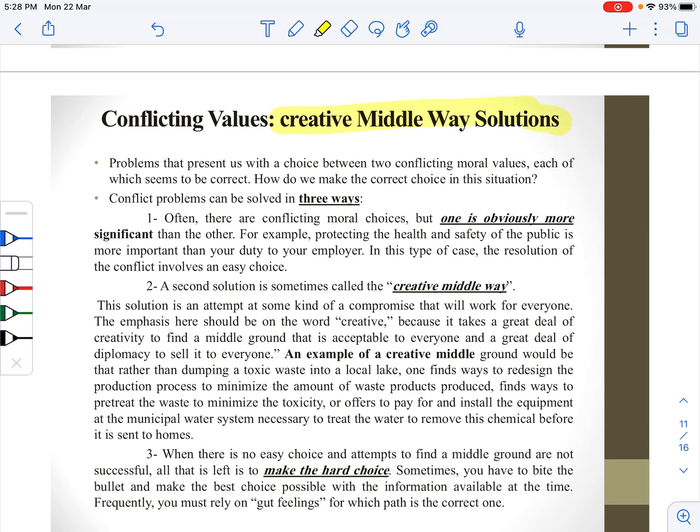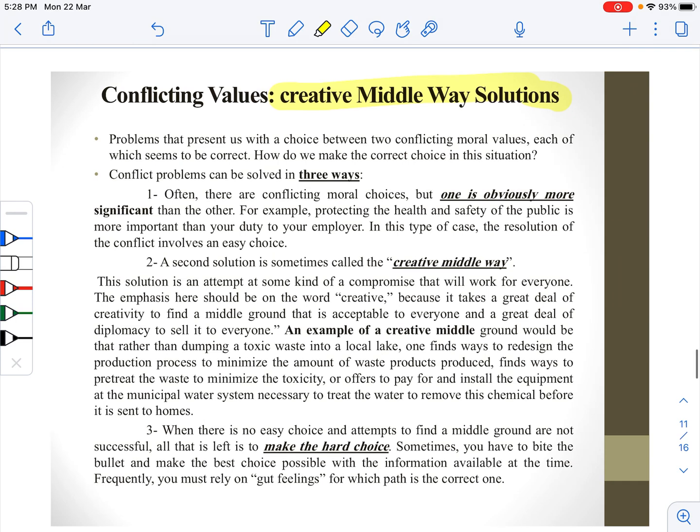Okay, this creative middle way solution, basically what is it? If you can read this in the slide that I gave you, basically these are problems that present us with a choice between two conflicting moral values, each of which seems to be correct, and how do we make a choice? So in the middle way solution, there are three ways.